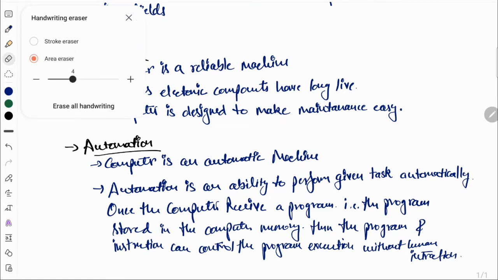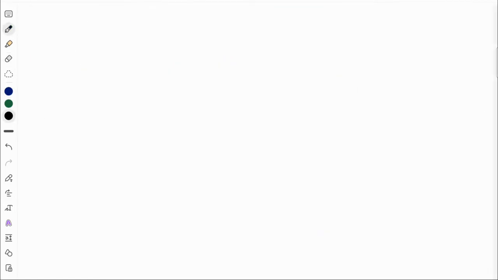Next is reduction of cost and paperwork.